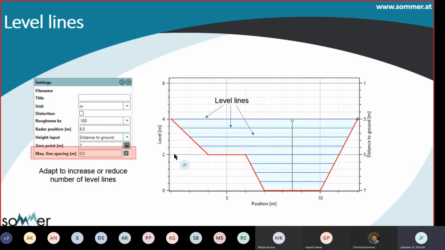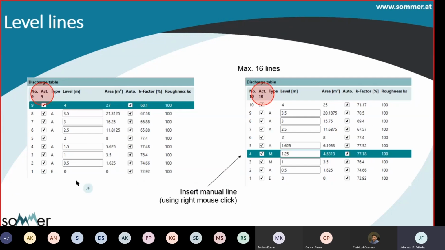So each level line, so 0, 0.5, 1 meters, 1.5, and so on, is depicted in the discharge table as well. So from bottom upwards, 0 meters, 0.5, 1 meters is our water level. And the Q commander already calculates the cross-sectional area for each of these water levels.